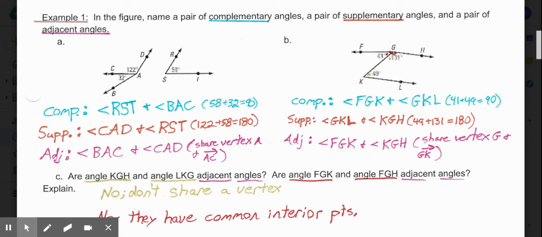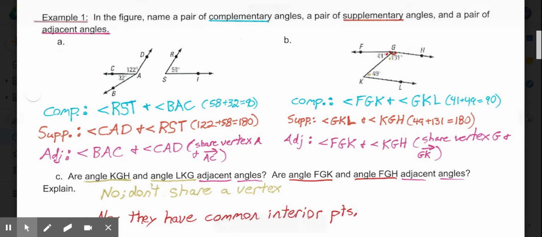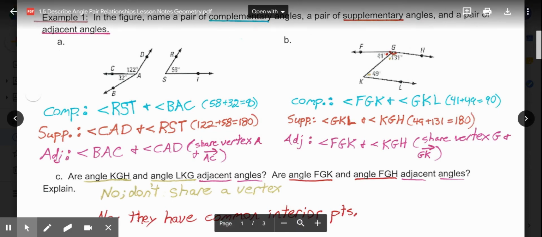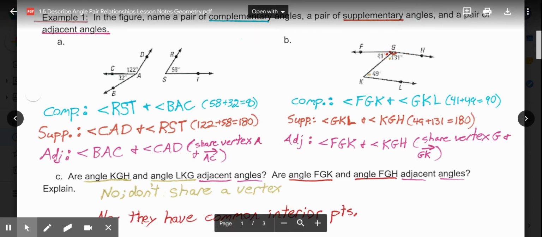So our angle of GKL, 49, and then HGK, or KGH, which is 131. So 49 and 131 equals 180. And then our adjacent angles would be angle FGK and KGH. So the two that share the same vertex of G, and they share this side, GK.